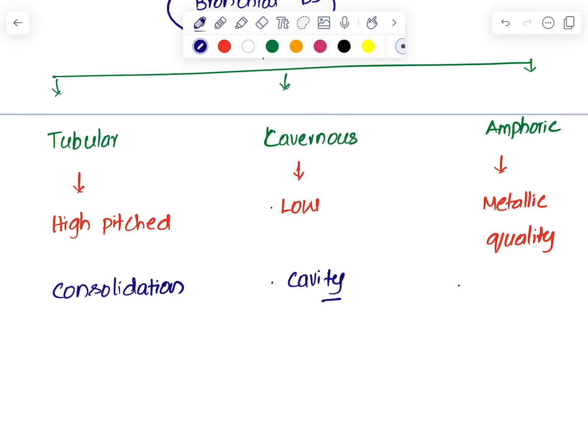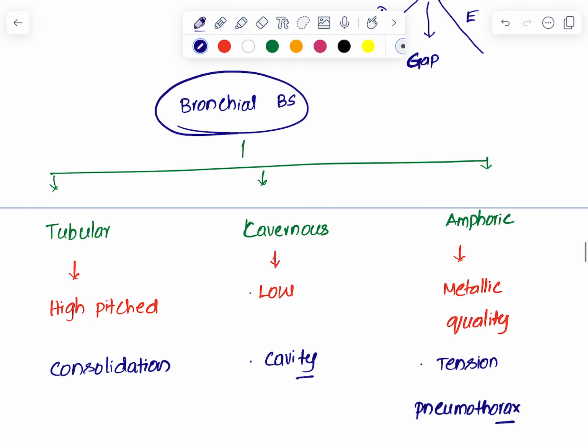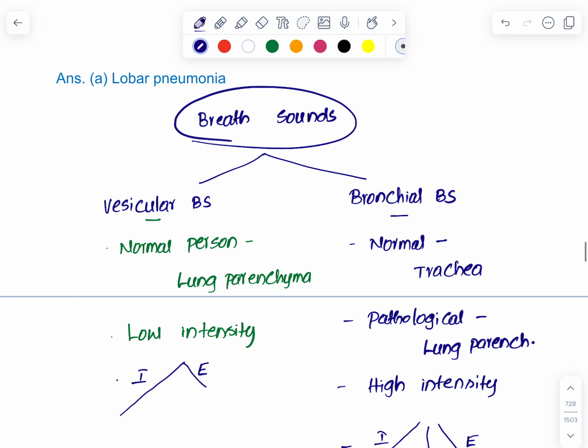Amphoric type of breath sounds are heard in tension pneumothorax, and they are also heard in a cavity which is present deep in the lung. That is about amphoric breath sounds. So this is about the abnormal breath sounds, which are bronchial breath sounds, whereas the normal type of breath sounds is the vesicular type.